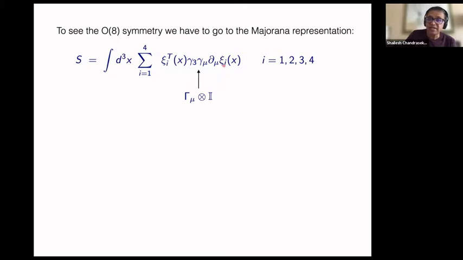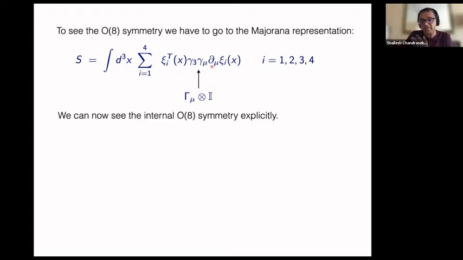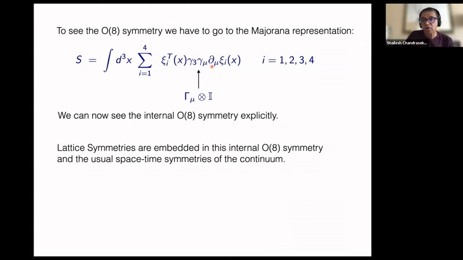So actually you get 8 Majorana objects with an identity in between. So it's naturally an O8 symmetry. The U2NF is actually embedded in this O8. And for us, the O4 and all the lattice symmetries should be thought of as embedded in O8, times, of course, all the other space-time symmetries, which have the usual Euclidean rotations and all that.